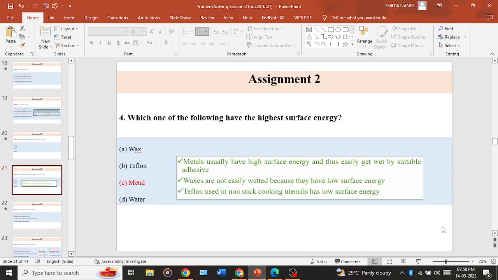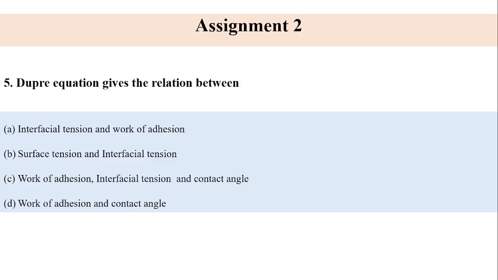Okay, let's move on to the next question. Question number 5: Dupre equation gives the relation between A. Interfacial tension and work of adhesion, B. Surface tension and interfacial tension, C. Work of adhesion, interfacial tension and contact angle, and D. Work of adhesion and contact angle.